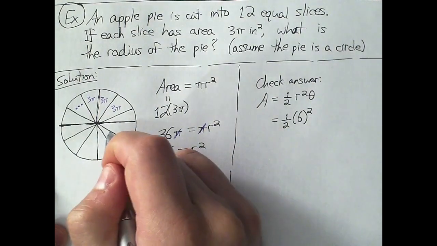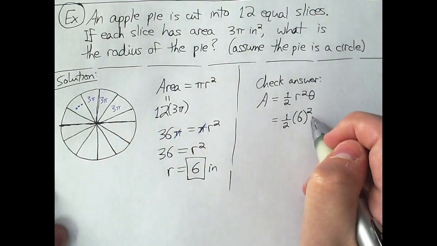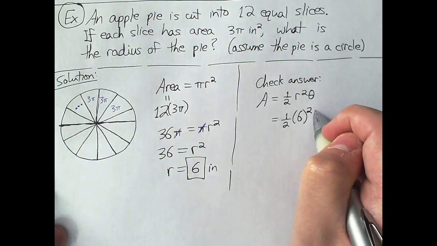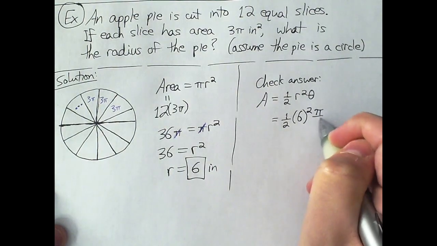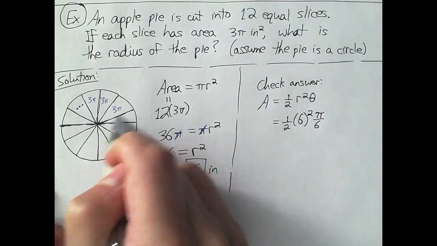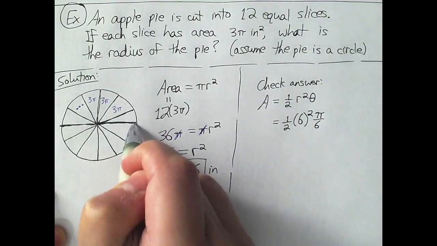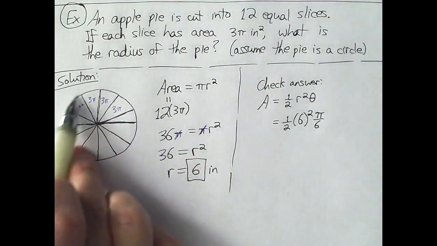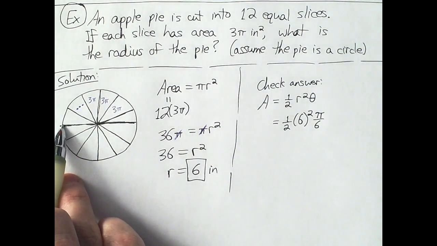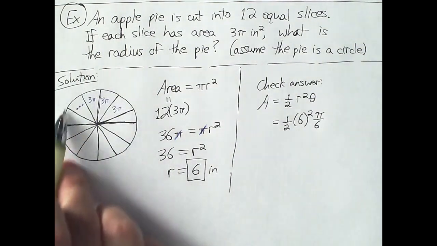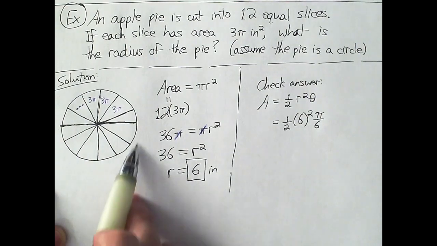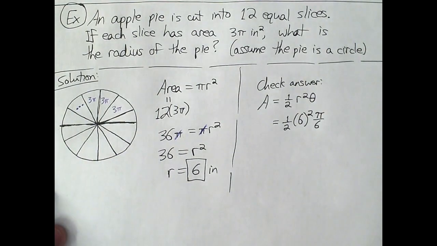Even though this is not a unit circle, it's still a circle. And I think that the angle that we're talking about is pi over 6. This angle is pi over 6. It takes 6 of them to get halfway around. And we know that going halfway around is pi, and going all the way around is 2 pi. So yeah, that looks good.